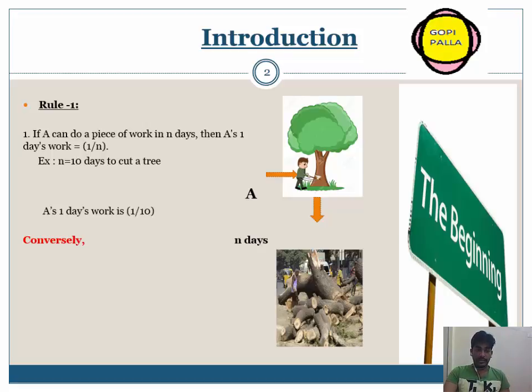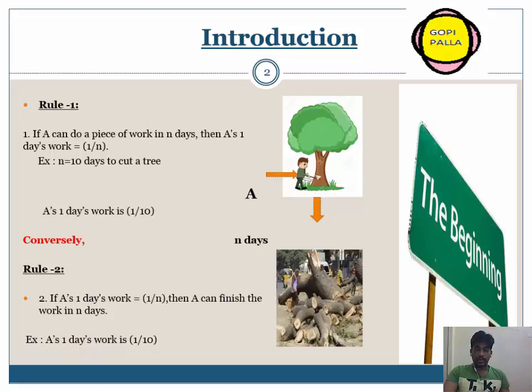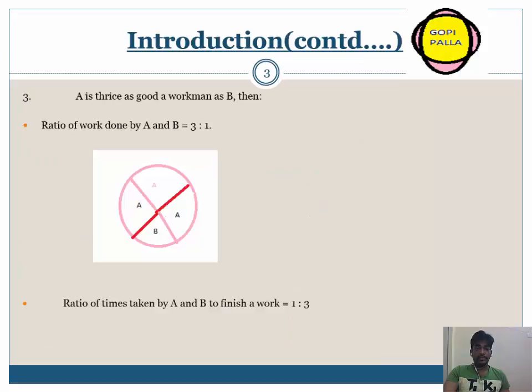So if n is 10 days to cut a tree, then A's 1 day's work is 1 by 10. Conversely, as per rule 2, if A's 1 day's work is 1 by n, then A can finish the work in n days. That is, A's 1 day's work is 1 by 10, then A can finish the work in 10 days to cut the tree. That is called rule 2.